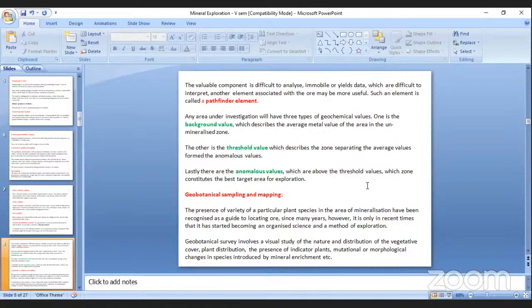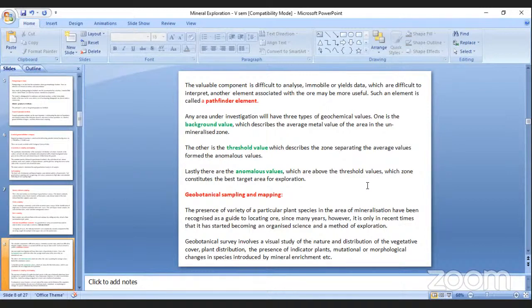So here arsenic is a pathfinder for gold, closely associated with it. Aurum is always associated with arsenic, so if you want to find aurum and you can identify arsenic in that area, there is a chance of identifying aurum also.